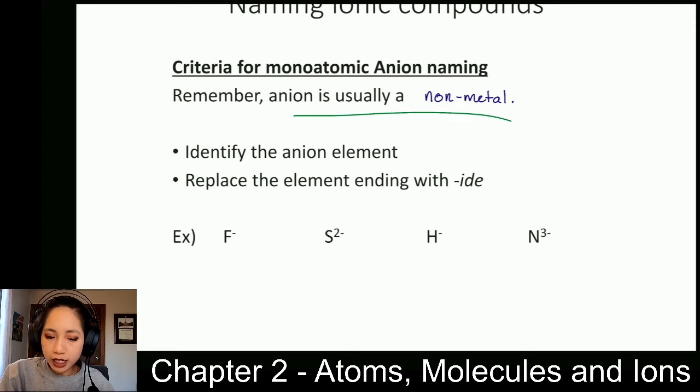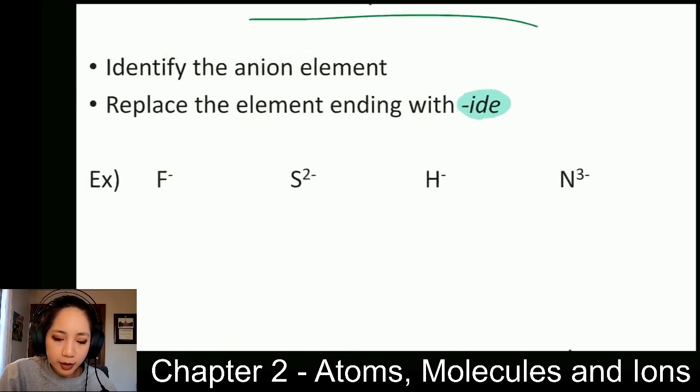So the strategy to name anions: first you want to identify what element it is, which will typically be a nonmetal. Then you want to replace the ending of the element name, the one listed on the periodic table, with "ide." Let's look at some examples.